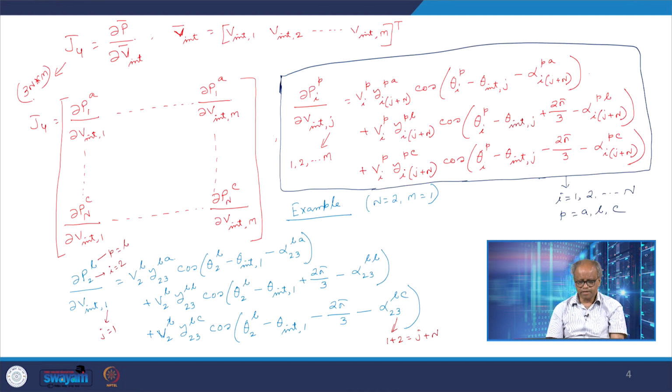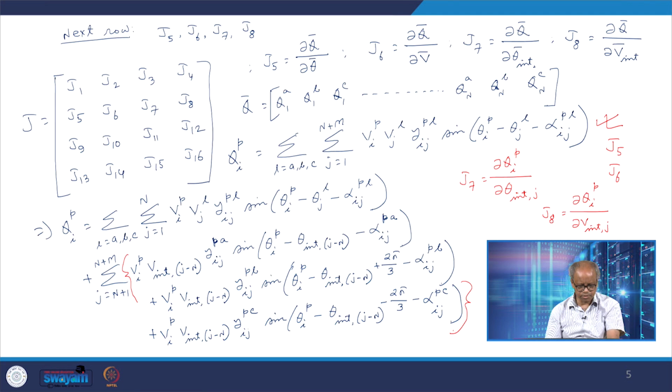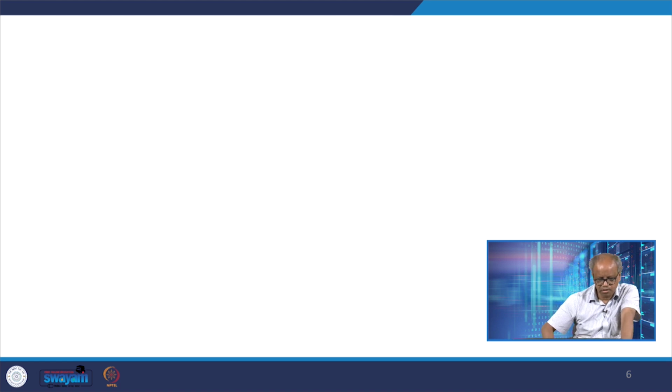But J7 would be a little different, in the sense that for J7 it would be del QIP by del theta internal J. If we just look at this expression, how will it look? VIP, V internal J, Y J plus N PA, minus sine, since the derivative of cosine gives minus sine, and then theta IP minus theta internal J minus alpha I. So, let us write down J7; it will be a little different.